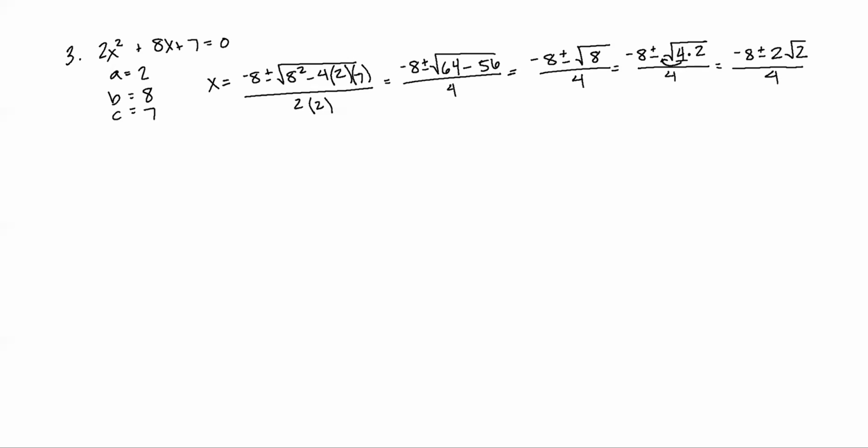You won't be able to simplify with the numbers in the radical, but I can reduce 8, 2, and 4 by 2. So -8 divided by 2 is -4. 2 divided by 2 is 1. 4 divided by 2 is 2. So we get -4 plus or minus 1 square root of 2, which is just square root of 2, all over 2.